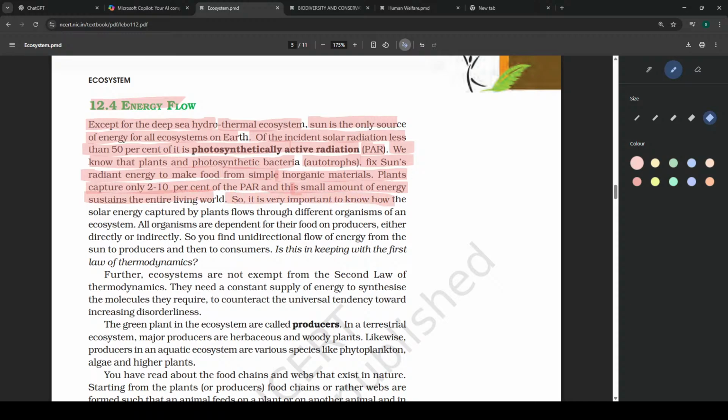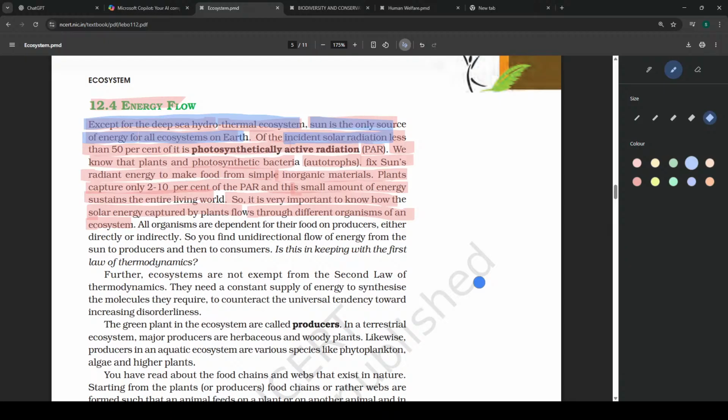So it is very important to know how the solar energy captured by plants flows through different organisms of an ecosystem. Excluding the deep sea hydrothermal ecosystem, which is an exception, it is good to remember that the sun is the only source of energy for all ecosystems on earth. What does incident solar radiation mean? All the sunlight that falls on the earth.